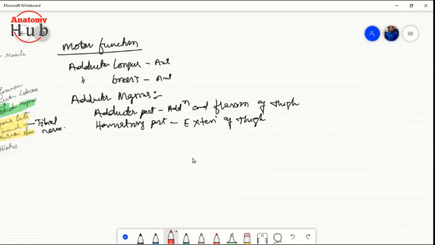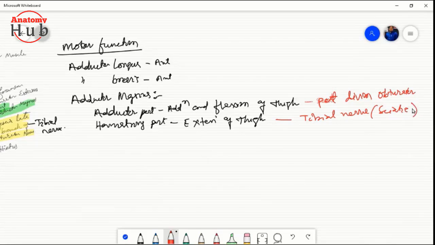The adductor part is innervated by the posterior division of the obturator nerve, but the hamstring part is by the tibial nerve, part of the sciatic nerve. And adductor longus and adductor brevis are by the anterior division.